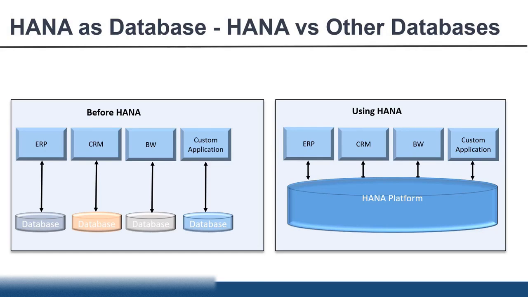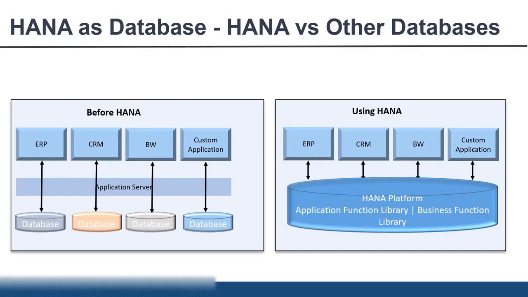There is one more difference between HANA database and other databases. If you are using any other database, then you definitely need an application server in between, which is a second layer. And in case of HANA platform, you can see the application layer is inbuilt within HANA platform.